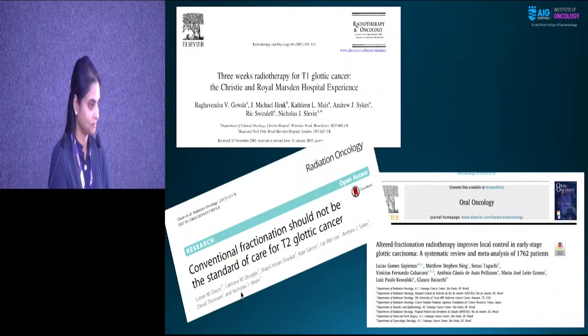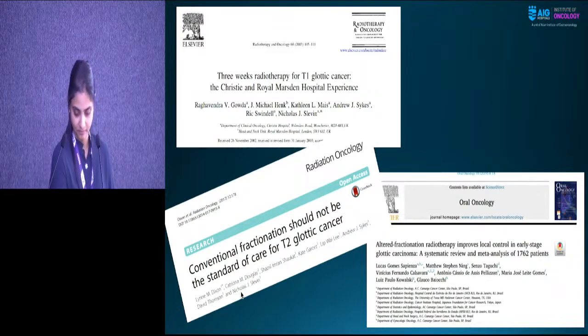I will give the answer to this. The traditional concern about anterior commissure lesions not doing well with radiotherapy has come from the time when larynx patients were treated with cobalt machines and pre-treatment planning days.